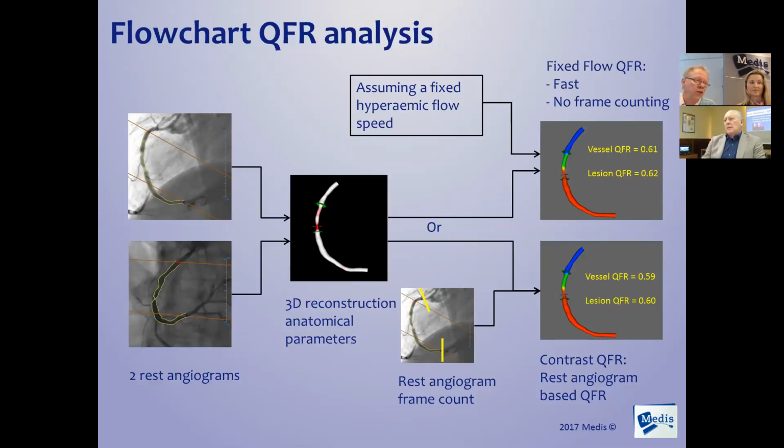From that flow velocity for that particular patient, so it's very patient-specific, and the 3D reconstruction, you can calculate the so-called contrast QFR or CQFR. So for that, you only need a rest angiogram, and no hyperemic situation is needed.